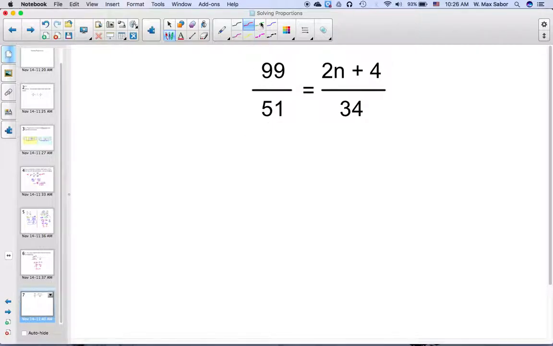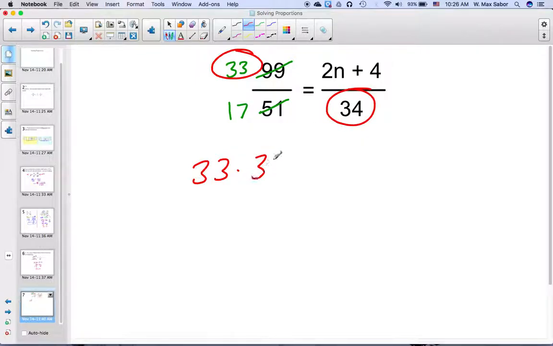So here, these are both divided by 3. So I can make this 33 over 17, because these are both divided by 3. Now we can cross multiply, say 33 times 34 equals 17 times 2n plus 4.